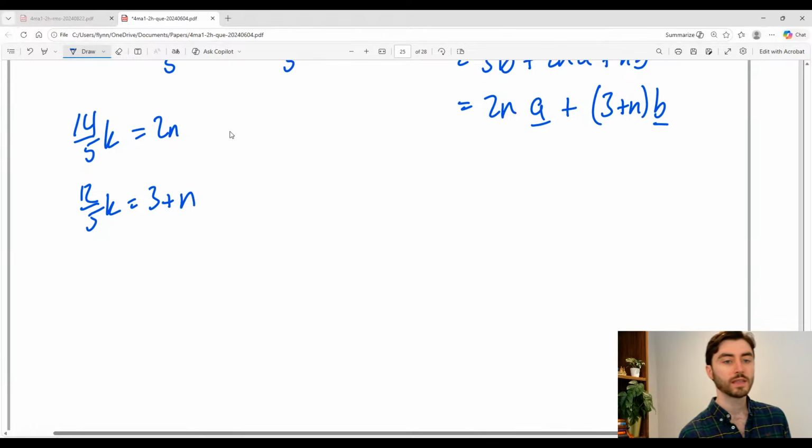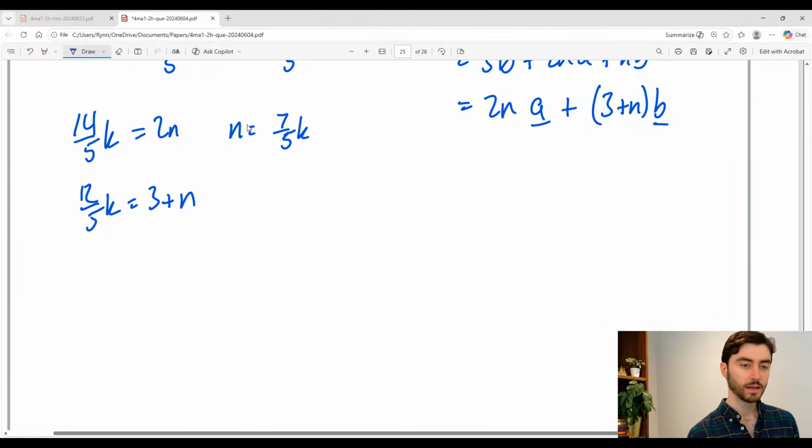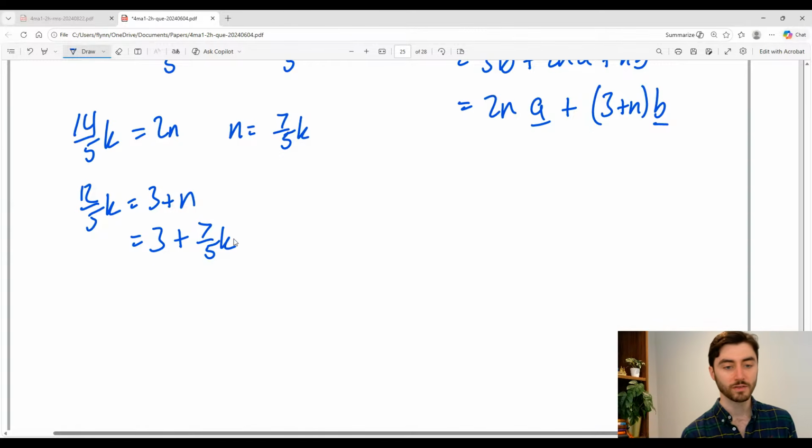So here we can say that n is equal to 7 over 5k from dividing both sides by 2, and we can plug that in here using a substitution method. So moving this across to the other side, 12/5 k minus 7/5 k is 5/5 k, which is just k. So k is equal to 3, and n is equal to 21 over 5.